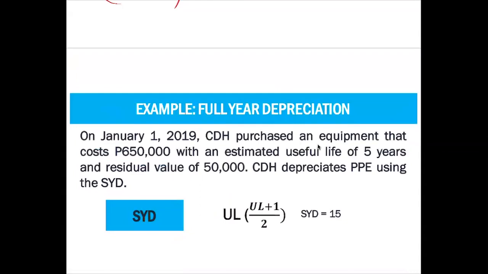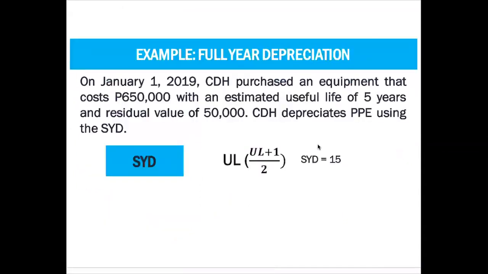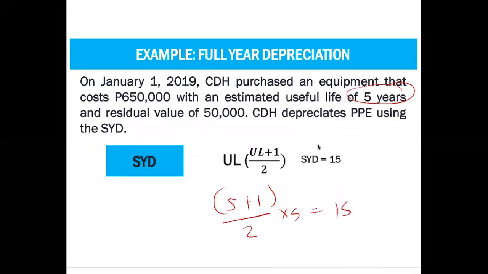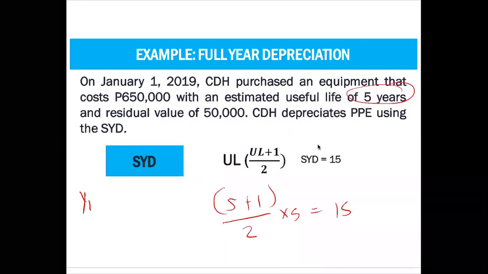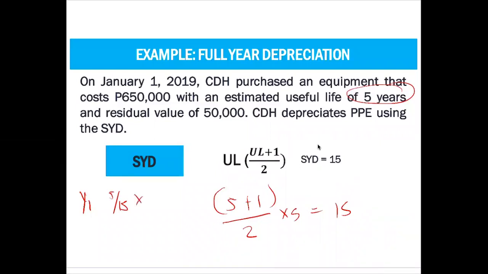Okay, so here we have a full year depreciation. The useful life is 5 years. So we have here 5 plus 1 divided by 2 multiplied by 5. Our SYD is 15. So for year 1, you get the highest year muna. So ang first natin is 5 over 15 multiplied by your depreciable base. 650 less 50.